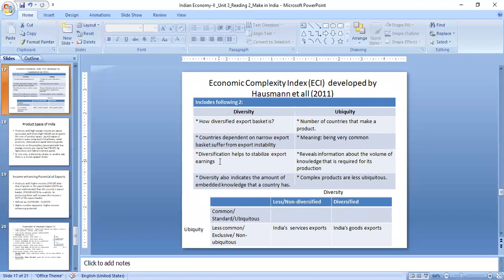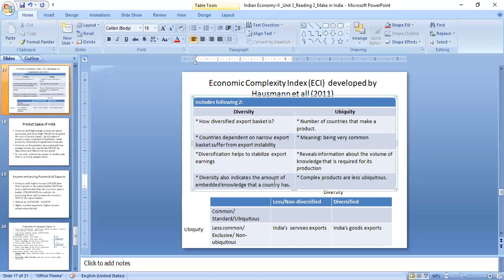Whereas if it's diversified, then export earnings will be stabilized. It also indicates how much is the amount of embedded knowledge that a country has. Because if a country is producing a wide variety of goods and services, that will imply that the amount of knowledge that a country possesses is also diverse.